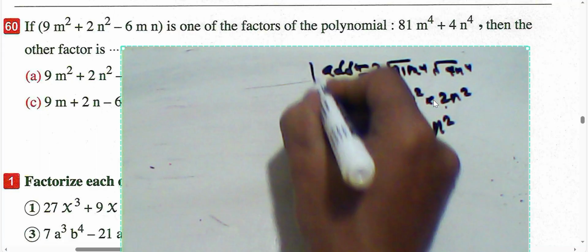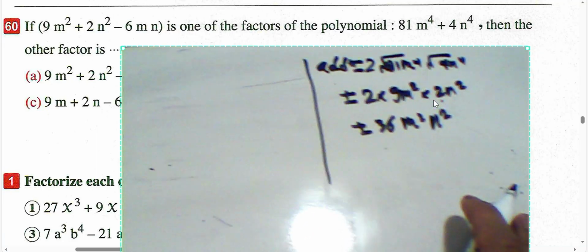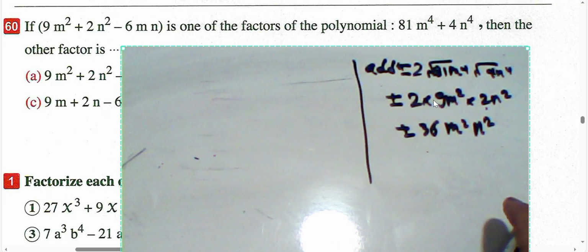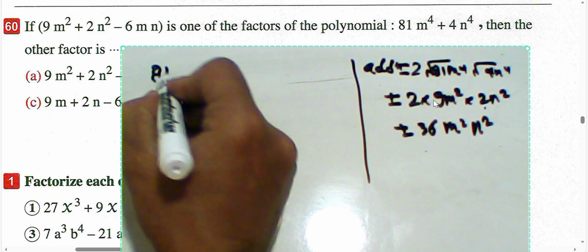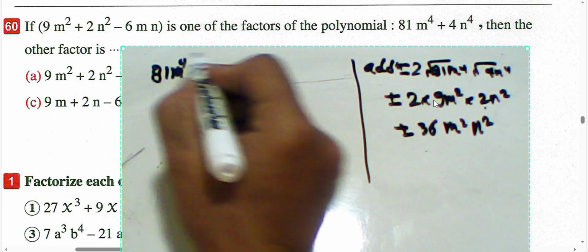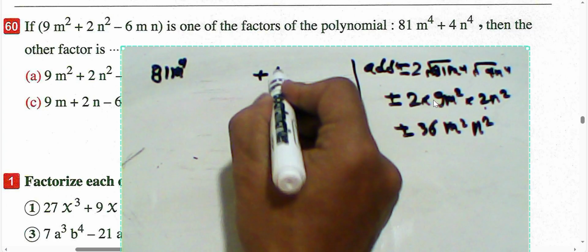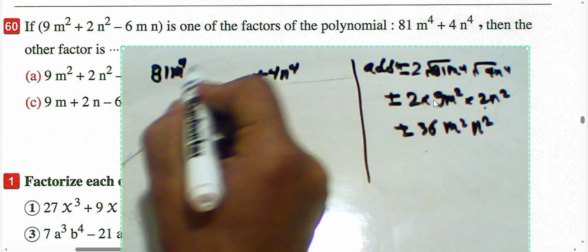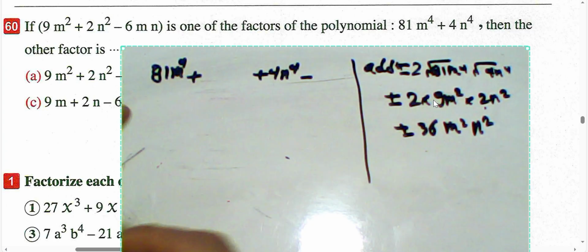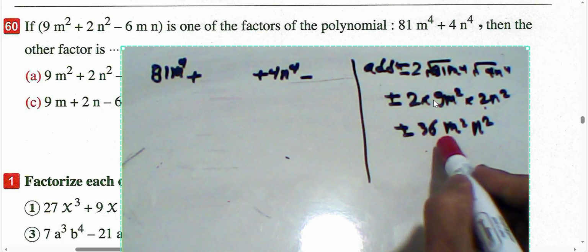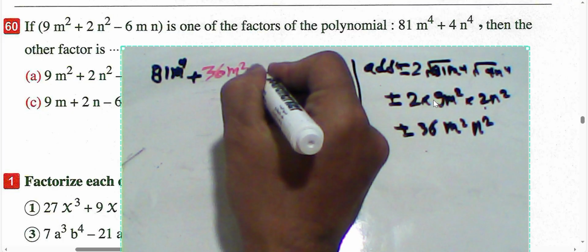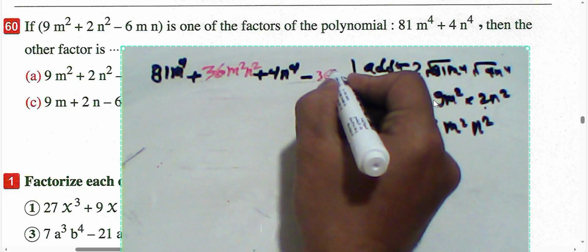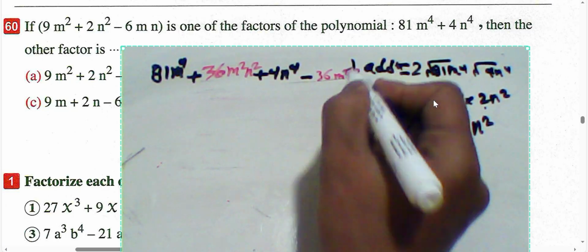Then in the example here we must put, start with 81n⁴ and here positive 4m⁴. Put here positive and here negative, and then put 36m²n² and here 36m²n².